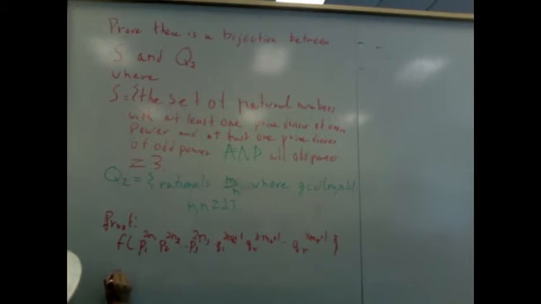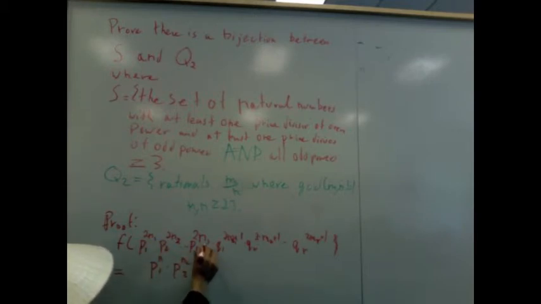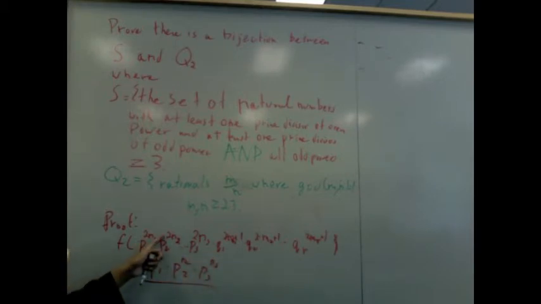And this equals, very simple, I put the prime divisors of even powers on top, and I make the exponents n1, n2, up to ns.